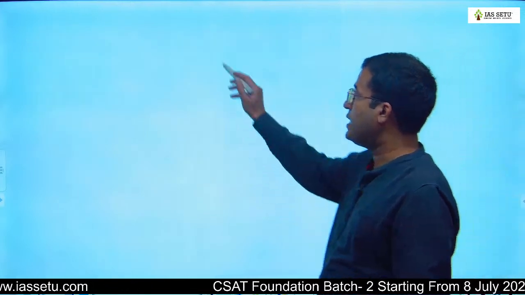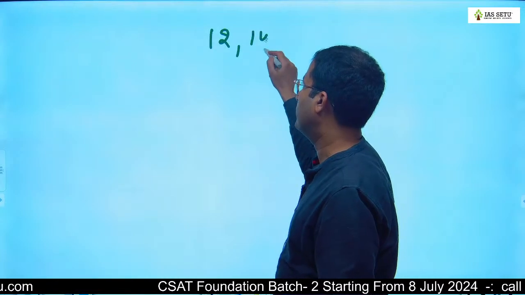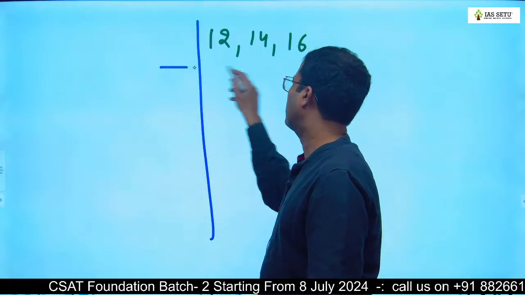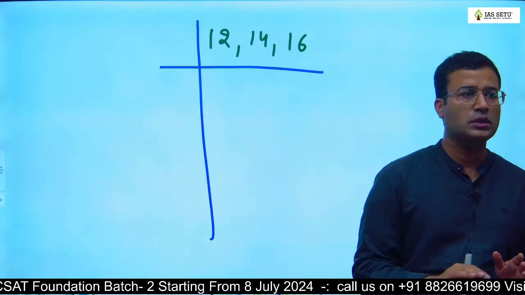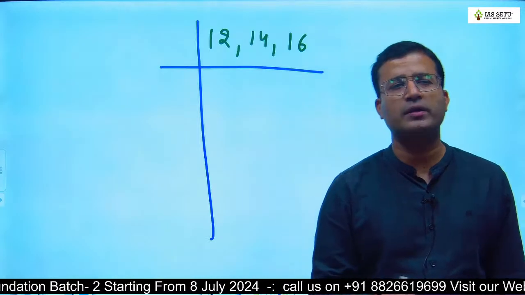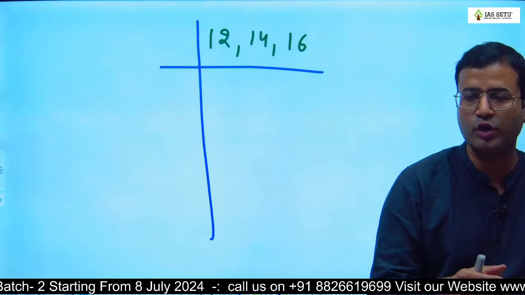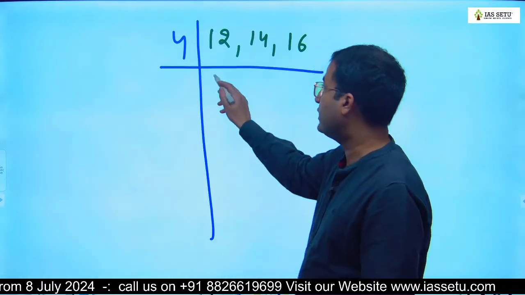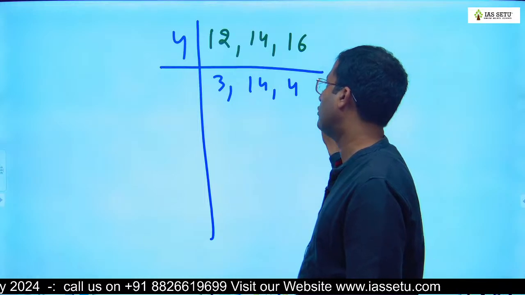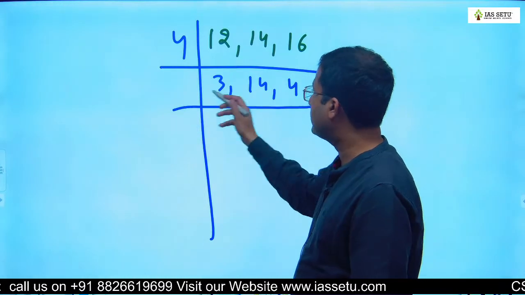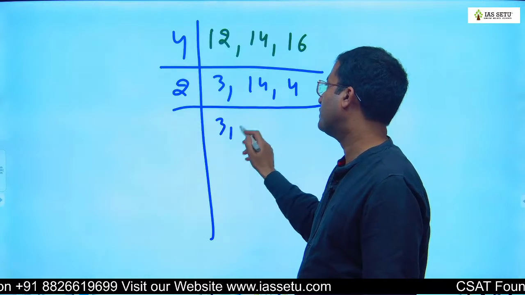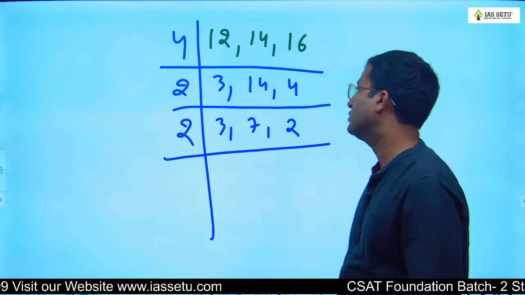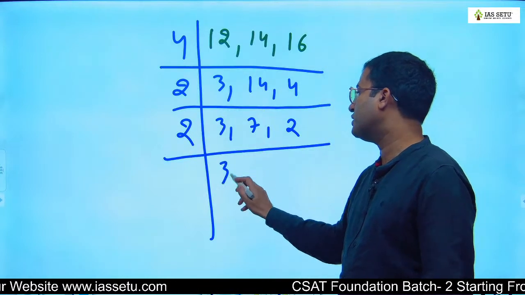Like if I ask a question, 12, 14, not all, 3 to 4% of students by mistake do it carelessly. What do they do? Here they take 4 common, right, 3, then they take 2, okay, then again they take 2, so here we get 3.